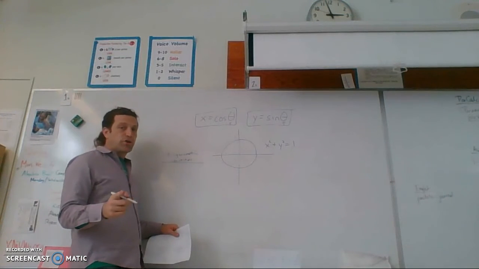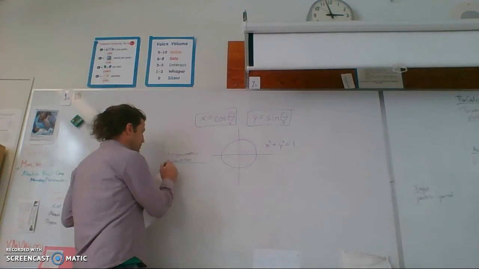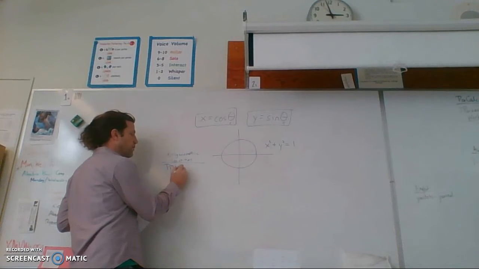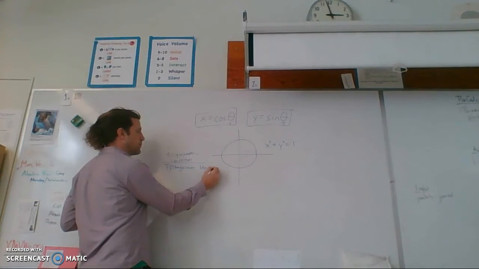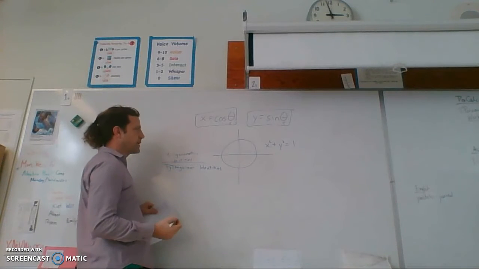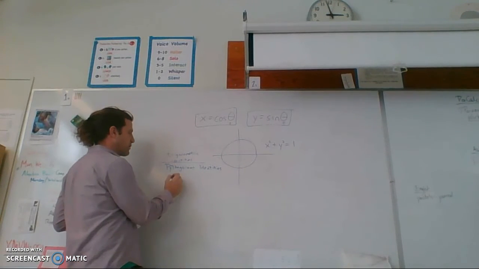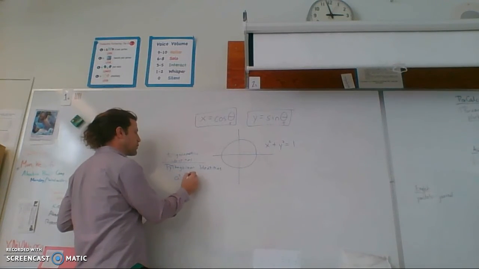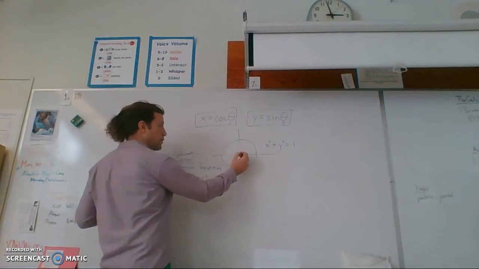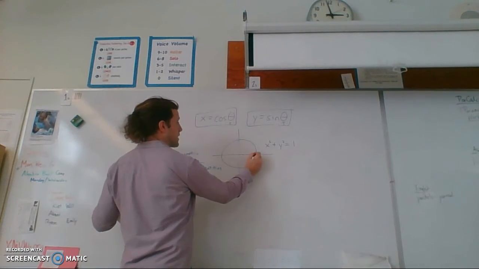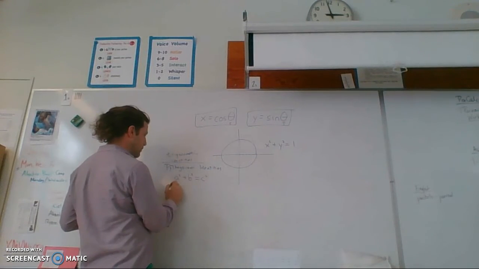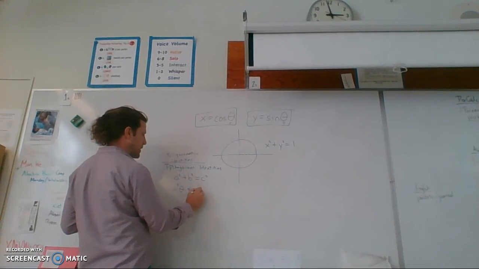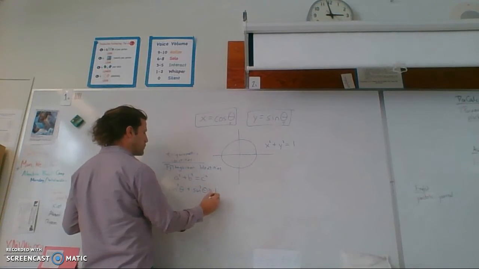Luckily, there was one trigonometric identity you kind of remembered because it was thought up by the great Pythagoras, who a lot of you guys really do like. Of course, the Pythagorean theorem is a squared plus b squared equals c squared. We brought it into the unit circle, it's like x squared plus y squared, but then x is actually cosine and y is sine, so we learned cosine squared plus sine squared equals 1.